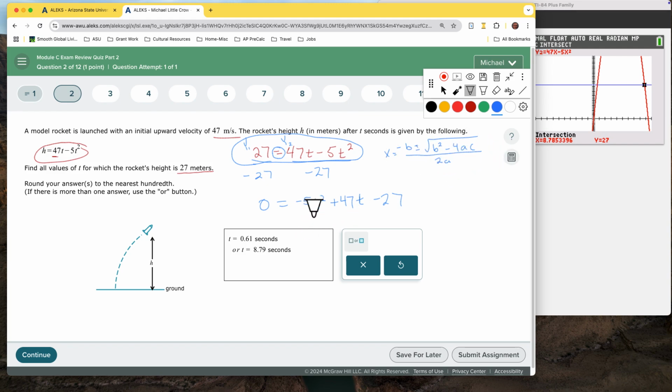It'll work. a is the number in front of the t squared, b is the number in front of the t, and c is the number by itself.